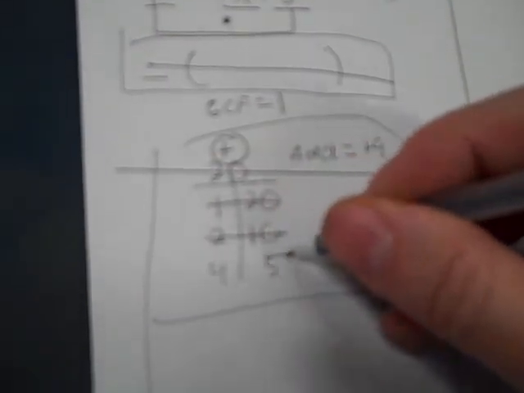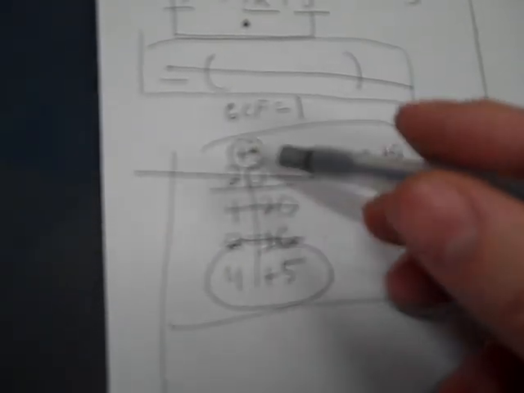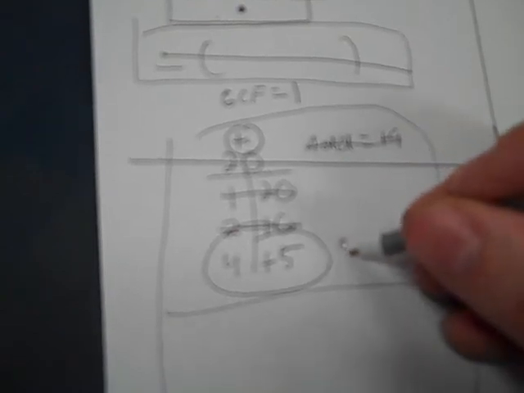It's not 9. Now do 4. So 4 and 5. 5 plus 4 is 9. So 9's positive, that means 5's positive. And when we have a positive up here, the signs need to be the same. So positive 5, positive 4.